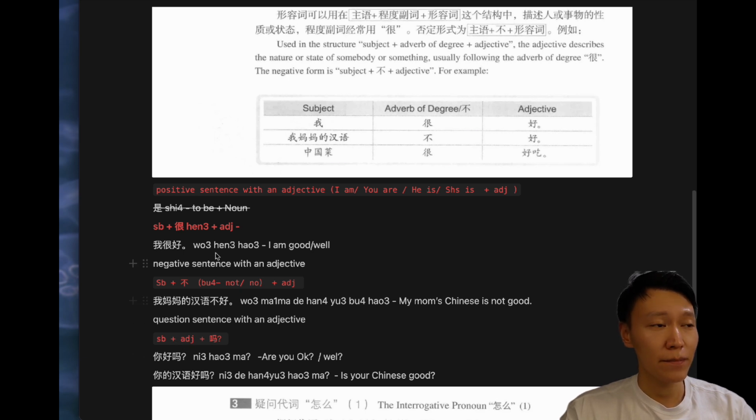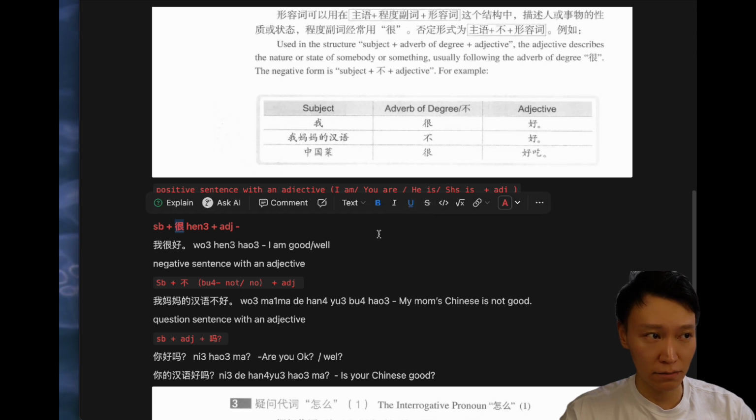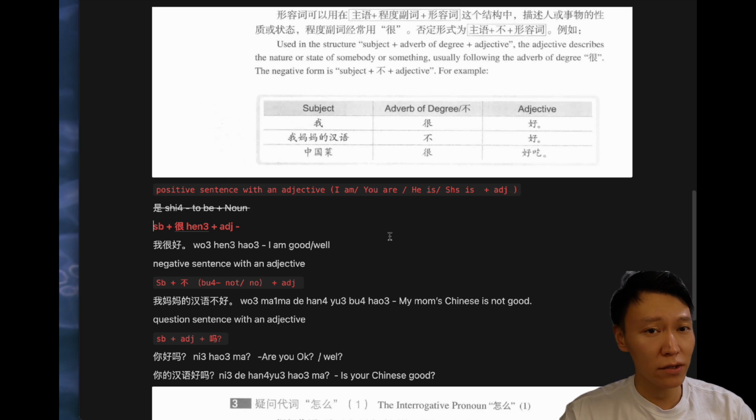Now let's wrap it up. When we have the I am, you are, he is, or she is structure with an adjective, in the positive situation, we need to use the character 很. Or let's say we tend to use it. Of course, you can ignore it, but most of the time, we tend to use it.